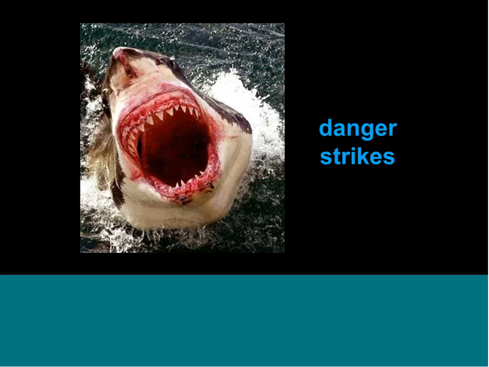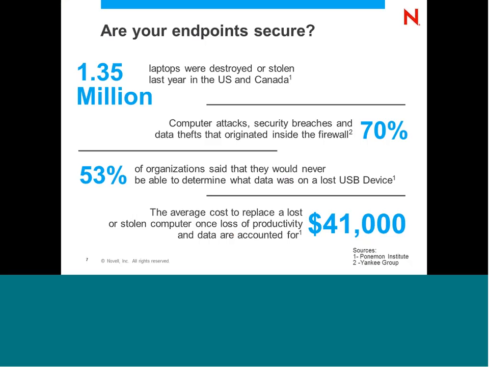And from a perspective of the risk that's involved, there are some numbers here that represent the cost and the risk associated with unsecure endpoints. So as you can see, these are pretty big numbers. The average cost down at the bottom is $41,000.